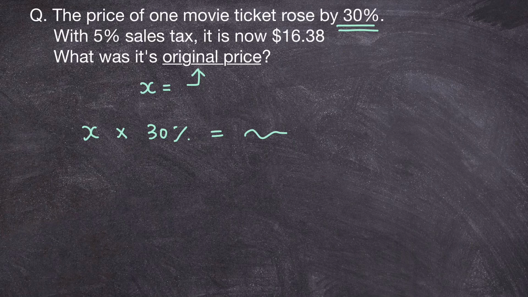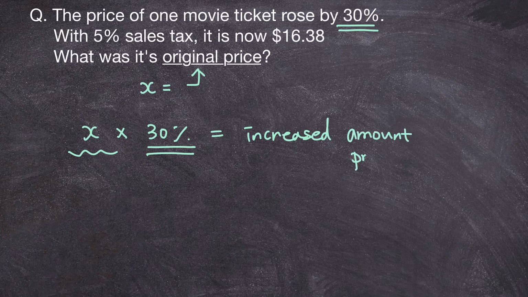Well, that's wrong, because if you multiply 30% to the original price, the answer you get will be just the increased amount after the price increase.